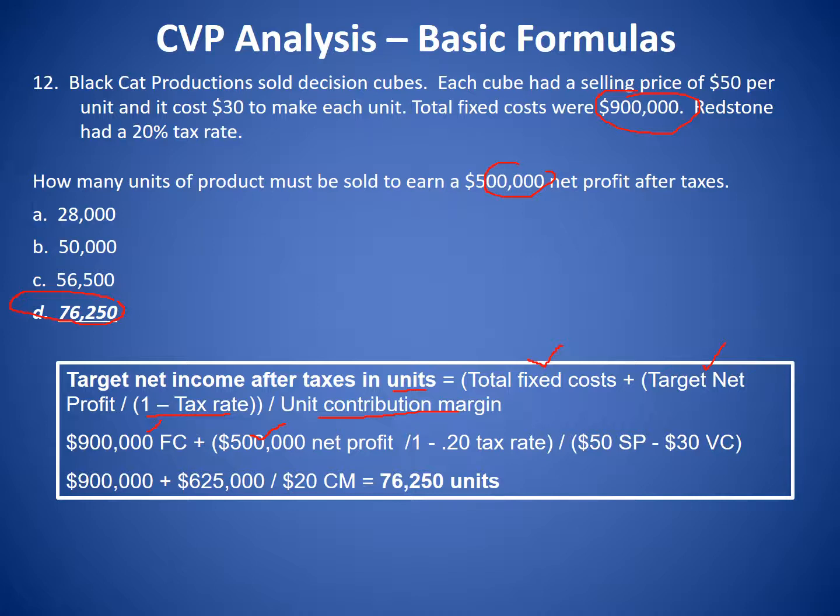So these amounts come out to 900,000 plus 625,000, which is $1,525,000, divided by our contribution margin of $20 per unit. That means we need to be able to produce and sell 76,250 units in order to earn a net profit of $500,000 after we pay our taxes.